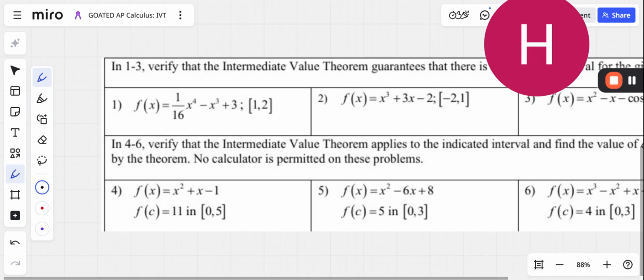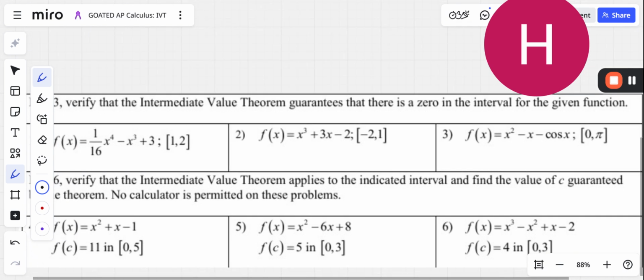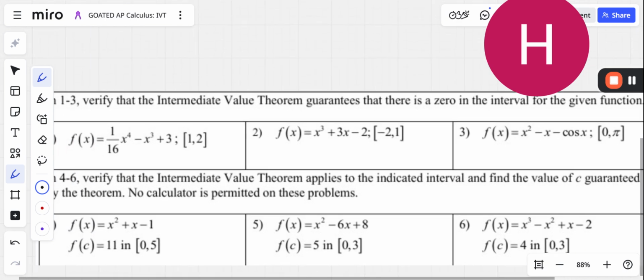So we're going to verify that the intermediate value theorem guarantees that there is a zero. In order to verify that, we need to for sure guarantee that f of 1 and f of 2 are above and below 0. Doesn't matter which one is above and which one is below.